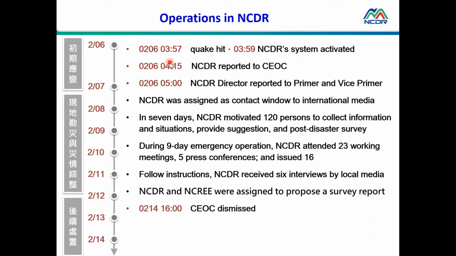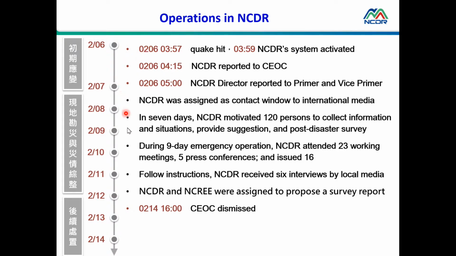In about 20 minutes, some of my staff reported to the Central Emergency Operations Center, and later the director reported to the Premier and Vice Premier about the situation. Then NCDR, my office, was also assigned as the contact point to international media.